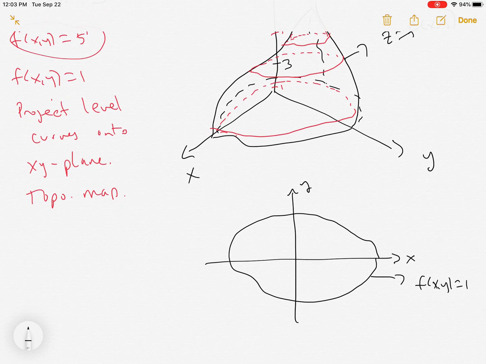Yep, so 3. And then the next one would be at 5, because they get smaller and smaller as you go up. So now we're looking down the z-axis on top of these level curves. And this is how you make a topo map. To take a 3D symbol and smash it down into 2D. Okay.